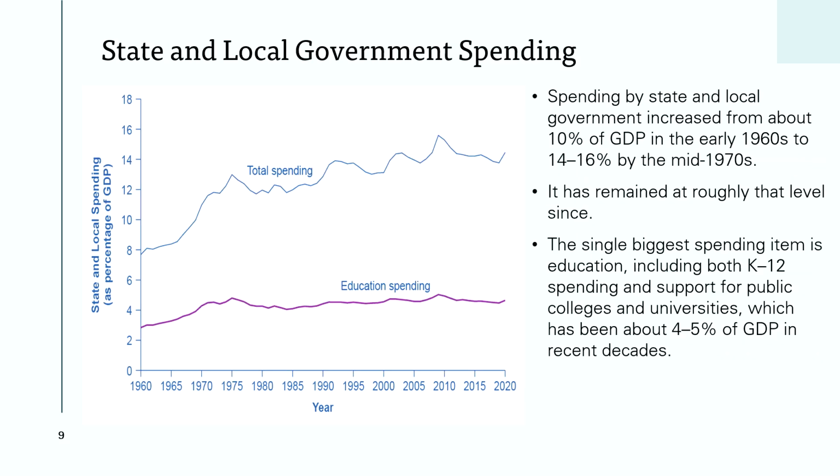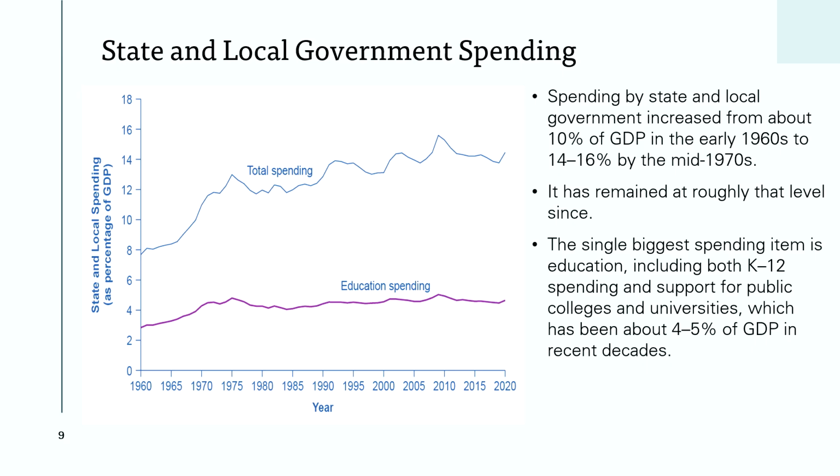State and local governments play a crucial role in the economy. They provide services people interact with daily, including public schools, police and fire departments, road maintenance, and local public health services. Their spending priorities differ from the federal level.